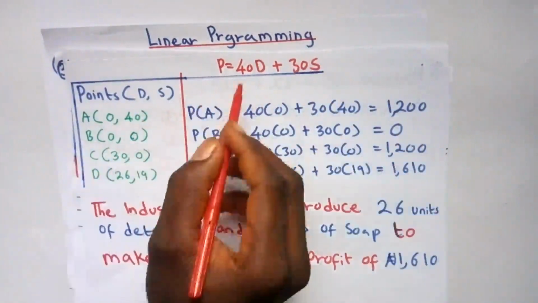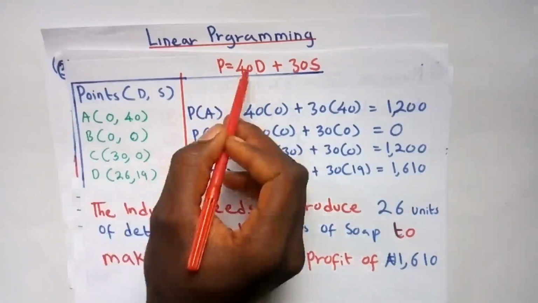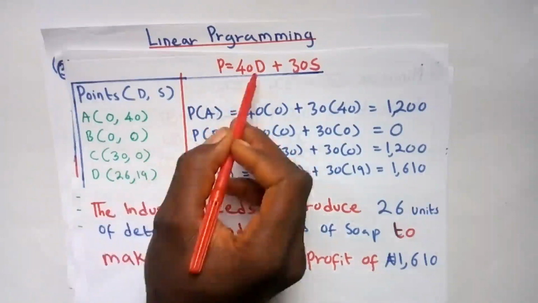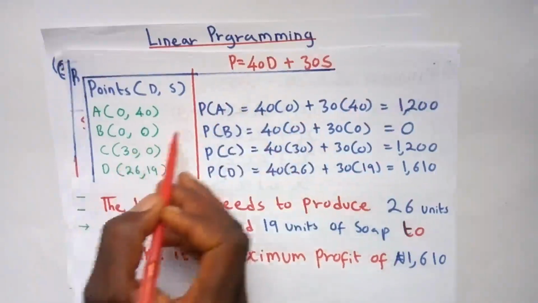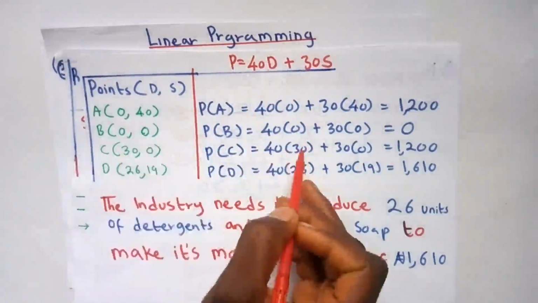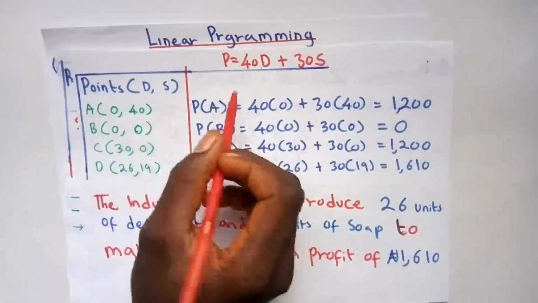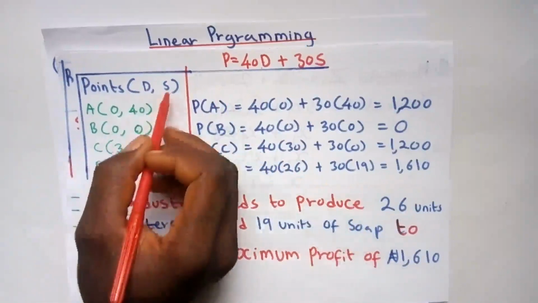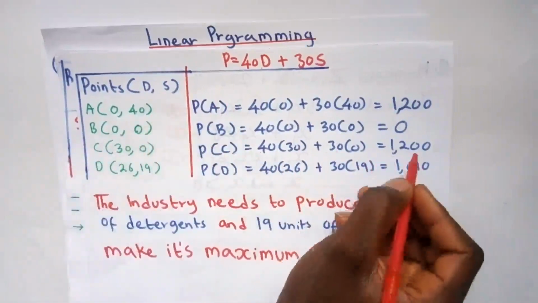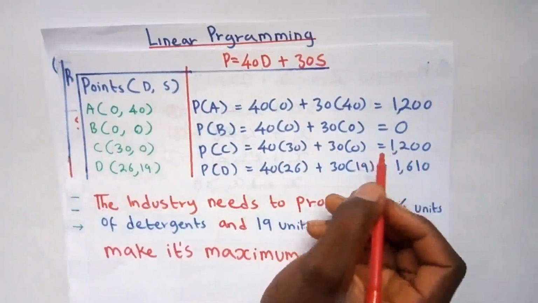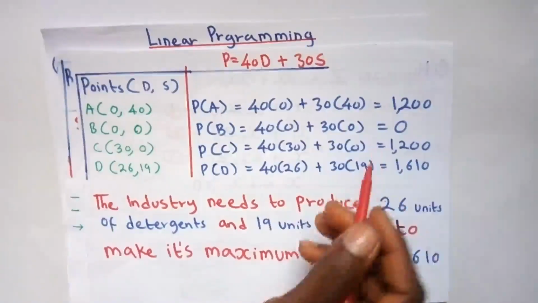At point C, the company produced 30 detergents and did not produce any soap. They made a profit of 1,200 naira, the same as when they produced only soaps.